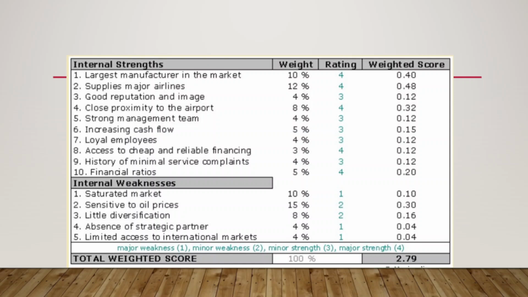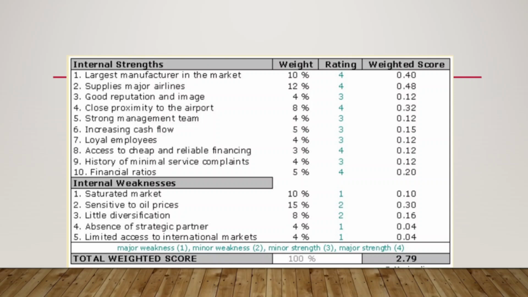Same procedure as the EFE matrix, pero different yung factors na kino-consider because we are now considering the internal factors. But the assignment of weight, same pa din. If it is very important for the firm, it is given a weight near 1. And if it is not that important to the firm to achieve competitive advantage, then it is given a weight near 0. But we need to have a total weight of 1. Okay?